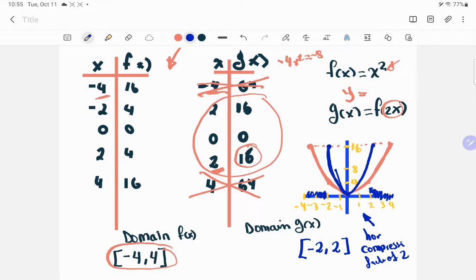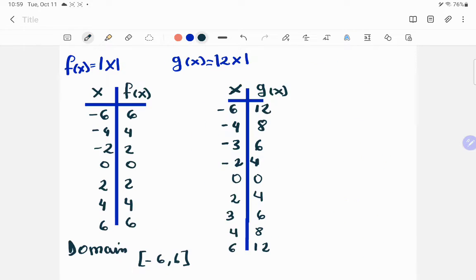We are going to explain a little more the tables. So give me a second. If I look at the parent function, absolute value of x, and I make this table, I complete my table from x equals negative 6 until x is 6. That's my domain. I use the same domain for g of x, 2 times x, and I said that y has to be the same.